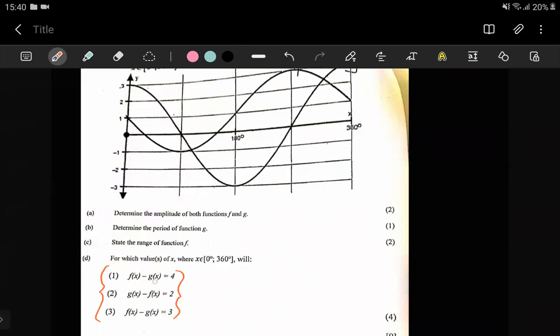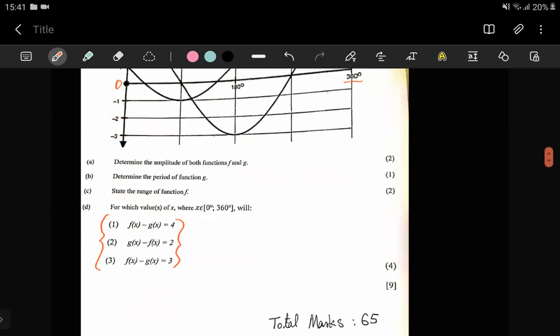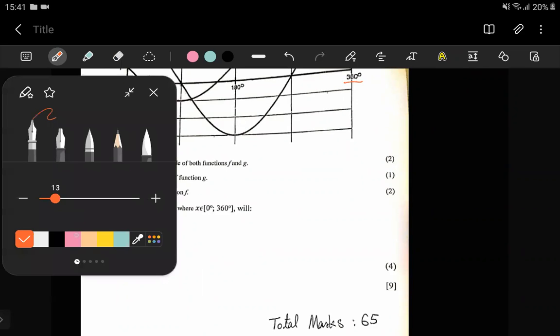For which values of x, where x is between 0 and 360. So there's 0 here and 360. They're asking for which values of x will this minus this equal 4, this minus this equal 2, this. The easiest way to look at these questions is, remember, anytime you see something like g of x or f of x, it's just representing the y values of those graphs.